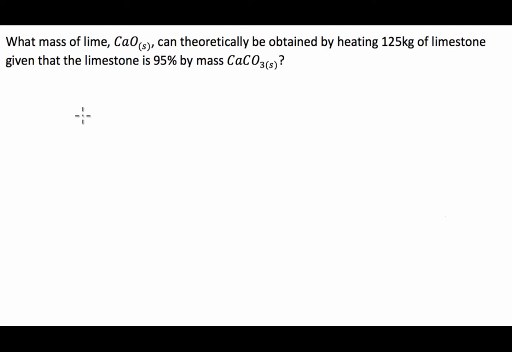So we go calcium carbonate, CaCO3 solid, is going to be heated, and it's going to dissociate into calcium oxide or lime, CaO solid, and it's going to shed carbon dioxide. We just quickly check that it's balanced. Okay, so that's a good start.